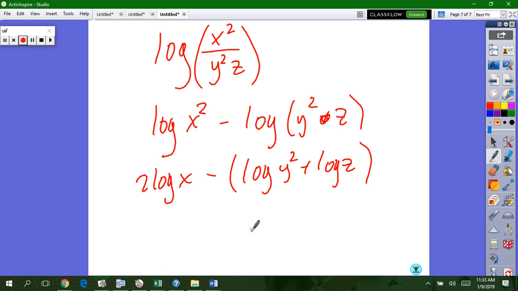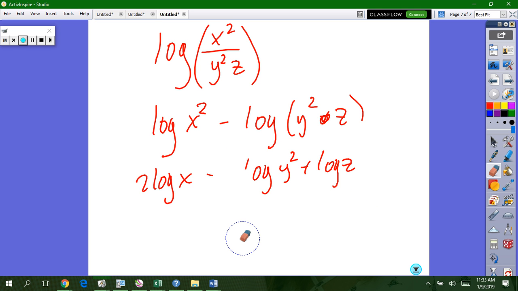How many of you guys had plus log of z still? 1, 2. How many of you guys didn't have this parenthesis here but had the same thing? With that, so it'd be 2 log of x minus 2 log. But if you don't have the parentheses, it's not the same thing. That and this are 2 different things, are they not?